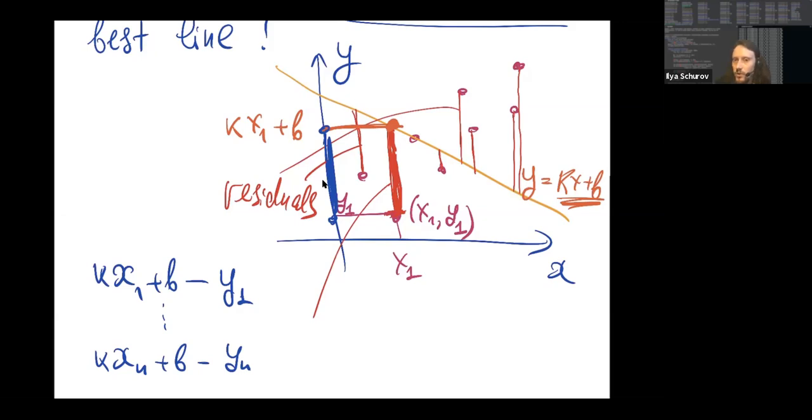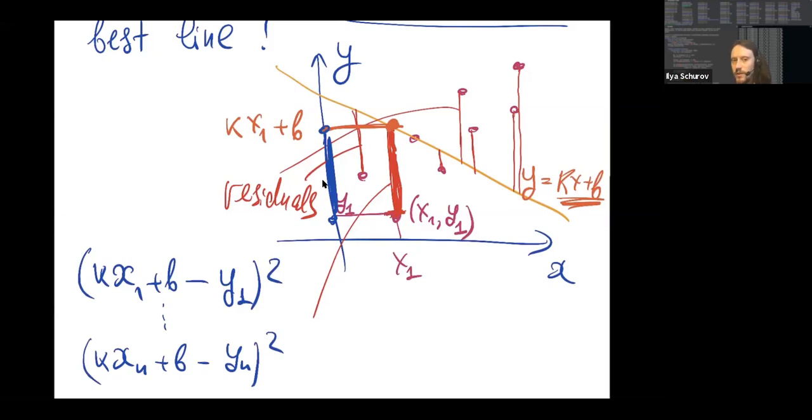So we want them to be small not in the sense of negative, but in the sense of close to zero. It means that we want to replace negative terms with positive terms, and we can do it as usual by taking squares.